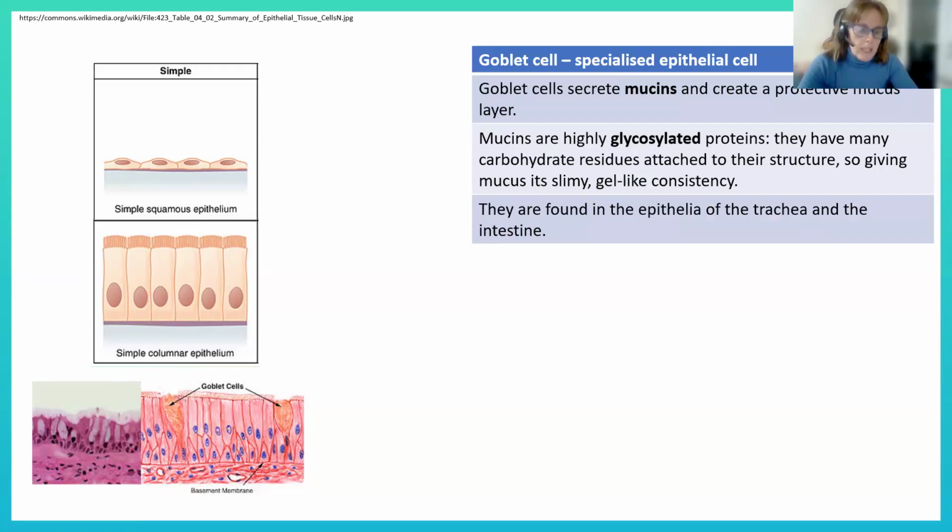So these particular cells, these goblet cells that we're looking at in this example of a specialized epithelial cell, are found in the trachea and the intestines. So the ones I was just talking about that move the mucus along. Hugely important in terms of maintaining the integrity of your intestines, of your respiratory tract, because the respiratory tract is extremely vulnerable to infection because it's what we call an exchange surface.